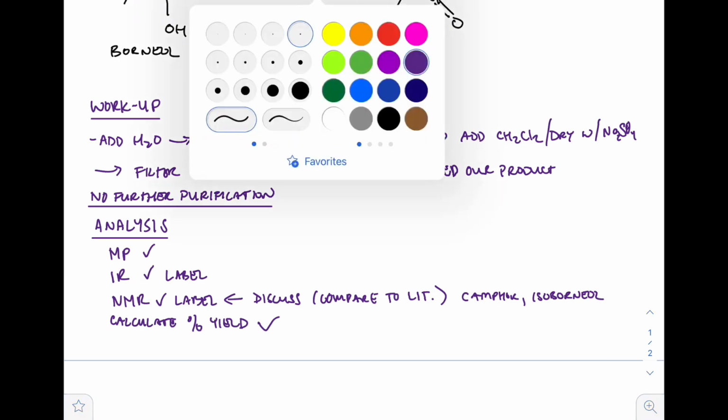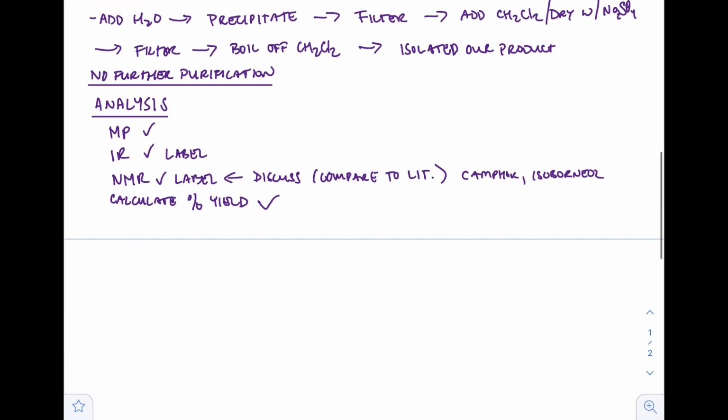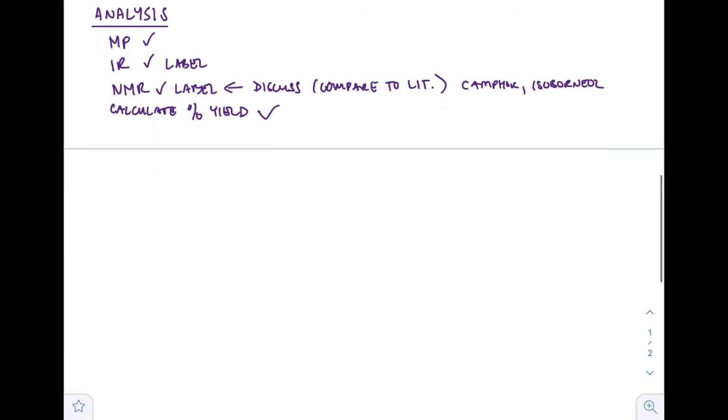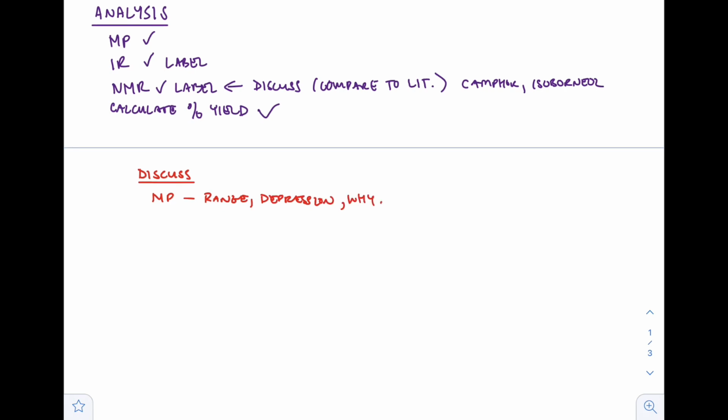Okay, so let me just reiterate what we really want in your analysis. So discuss your melting point. So the range, if there's any depression, and then why or why not.